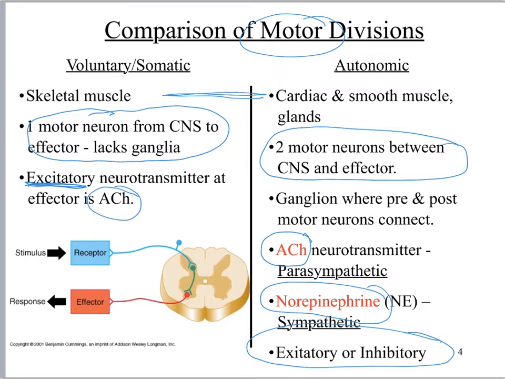The other thing that's different about the autonomic nervous system is that you're going to be using ganglia to protect the cell bodies of motor neurons in the peripheral nervous system. Okay? All right, let's kind of do a drawing of how this all works out.